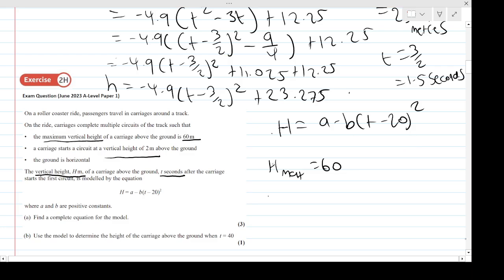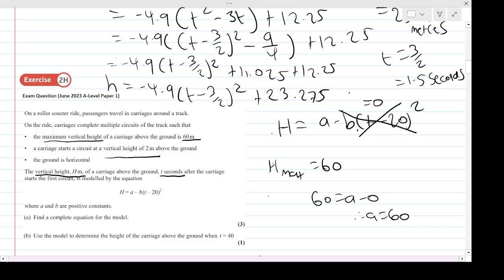That means this whole thing goes away. So this big T minus 20 squared just has to go to 0 when it's maximum. So if maximum is 60, that means 60 is A minus 0, because everything else is 0. Therefore, we can simply say A is 60.